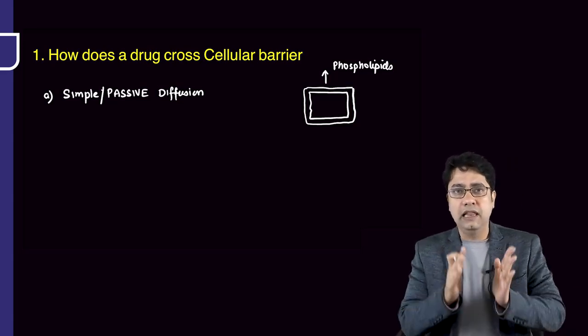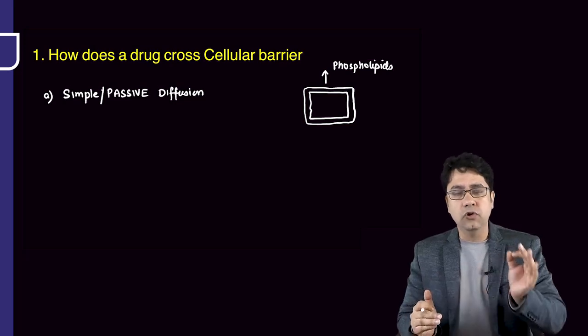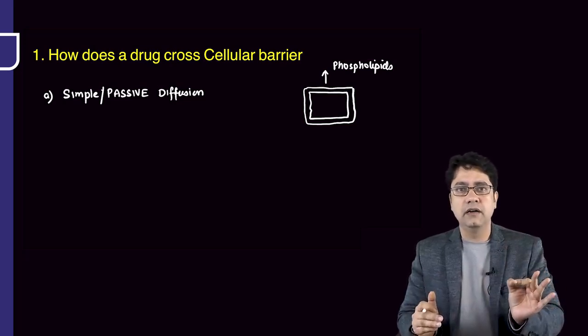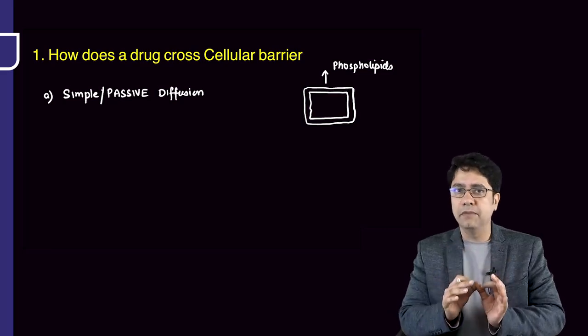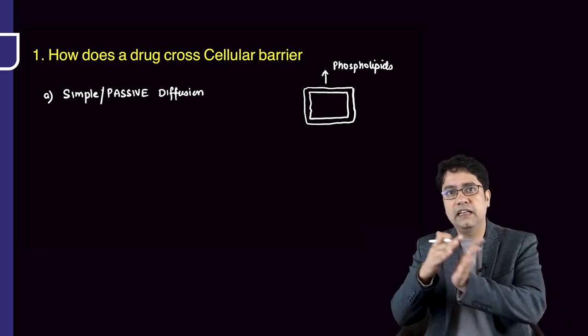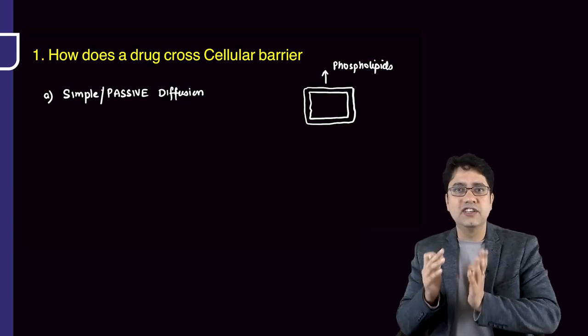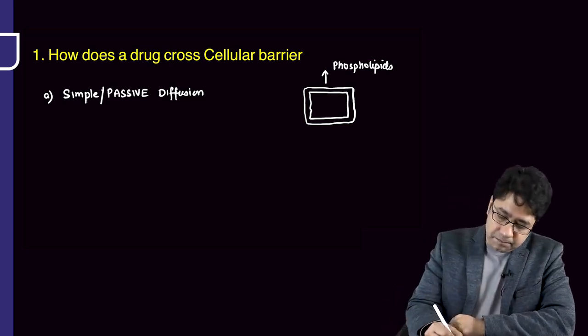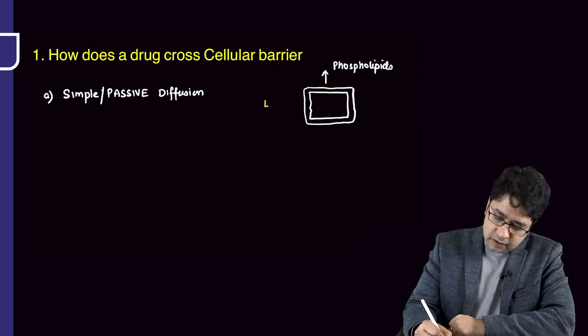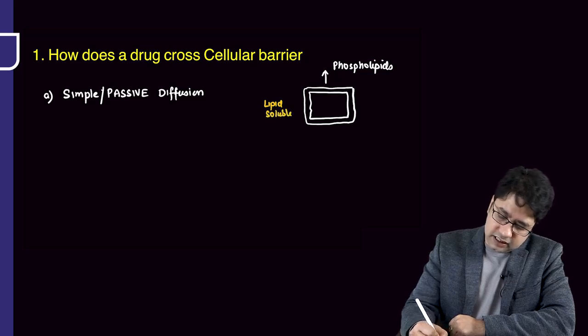And we know like dissolves like. Only a lipid soluble drug can dissolve in a cell membrane, and after dissolving it can come outside and cross a cell membrane. So in simple or passive diffusion, a lipid soluble drug crosses this lipid cell membrane.